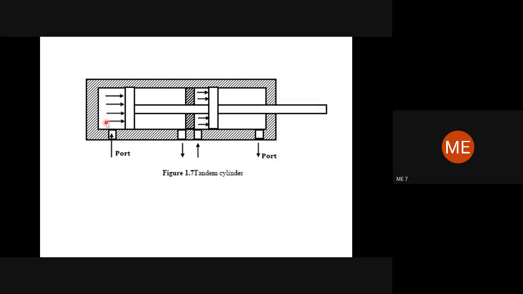When I apply force to both the pistons, the amount of force generated is going to be more for the same bore size. Remember, the bore size is the same, and the important thing here is we have two different cylinders which are moving.